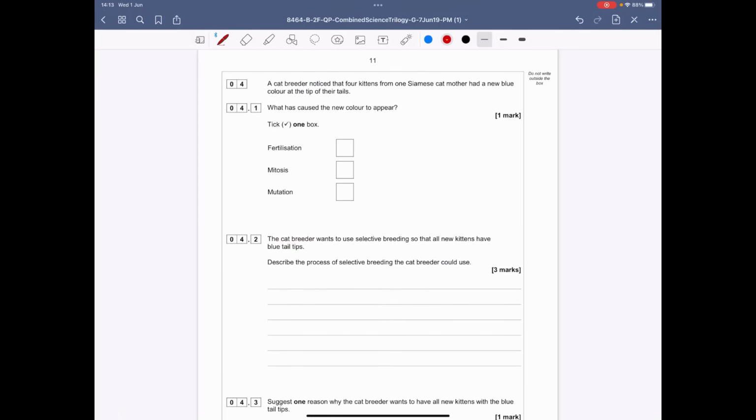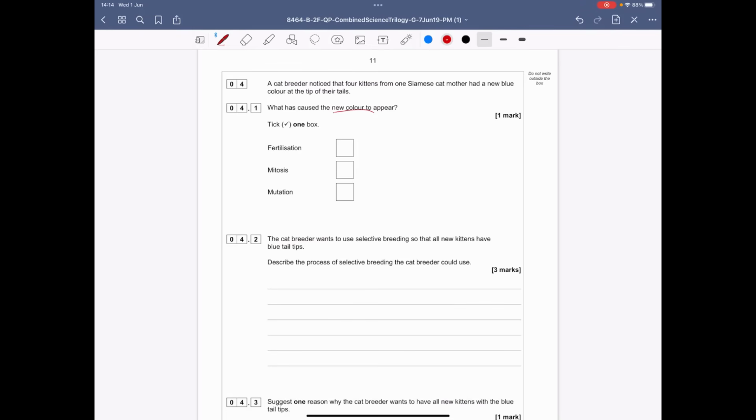Question 4 then. A cat breeder noticed that 4 kittens from one Siamese cat mother had a new blue colour at the end of their tails. What has caused the new colour to appear? So this question is about inheritance and genetics. Tick one of the boxes. Why has this blue colour now appeared?